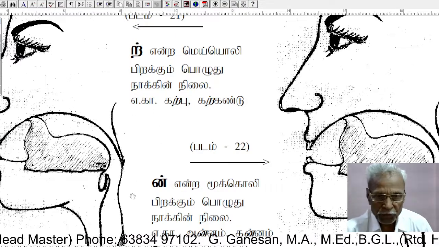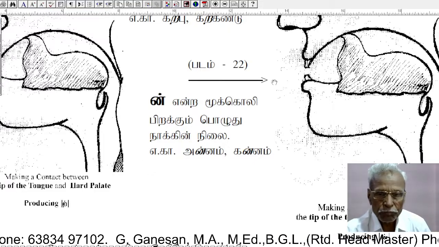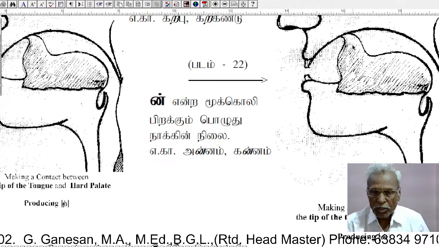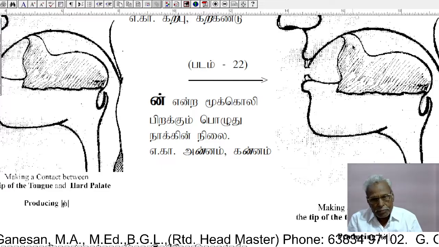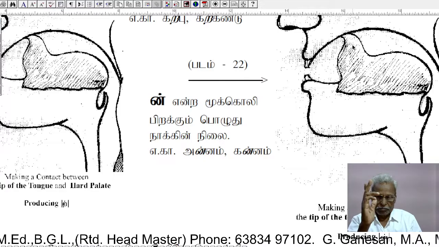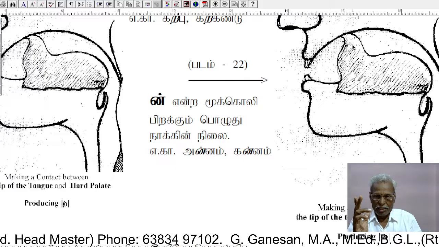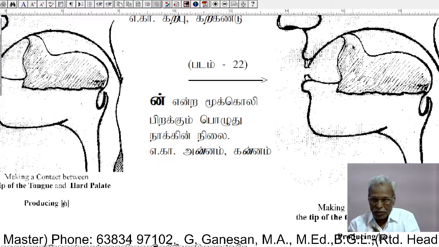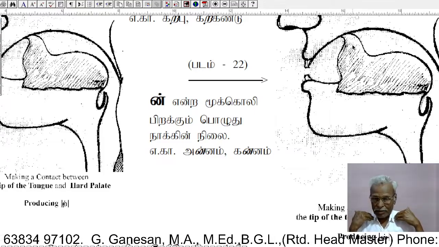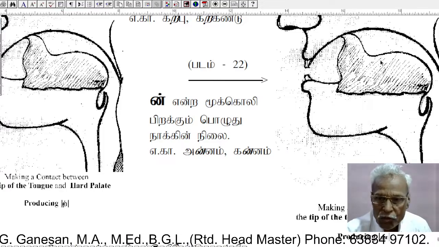Let us see how the phoneme in is produced. The phoneme in is produced by raising the tip of the tongue towards the middle of the roof and having a tight contact and sending out the air that the vocal cords push out through the nose.